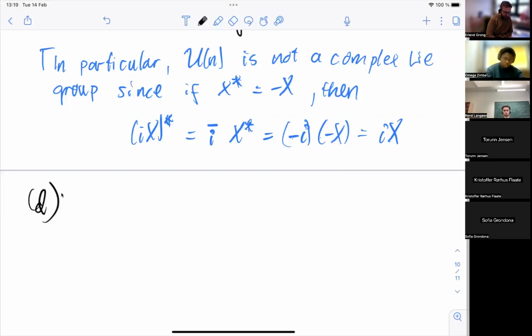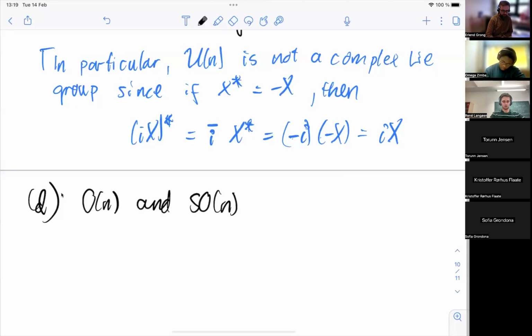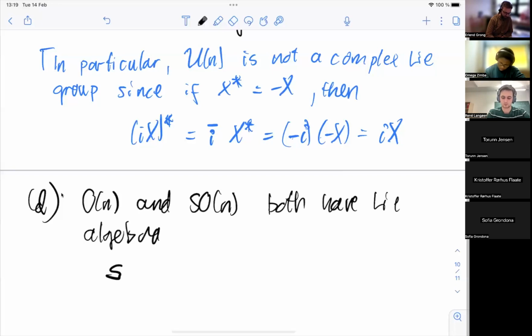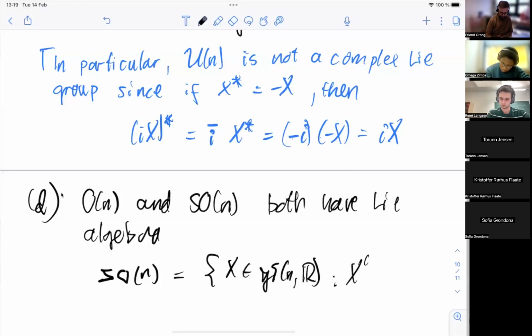If we go to the orthogonal matrices, then the orthogonal group and the special orthogonal group both have Lie algebra, which we'll write as small so(n), which is then the analog of what we saw here with the unitary group, where instead of the conjugate transpose, it's just a normal transpose, since we're just dealing with real matrices.